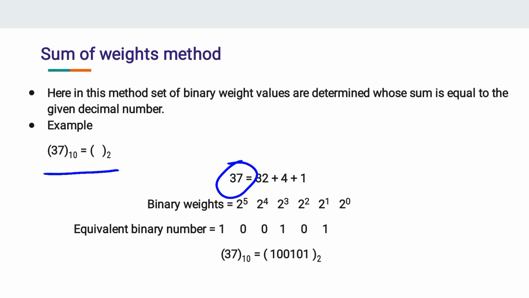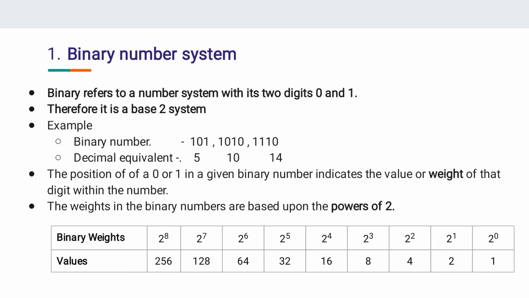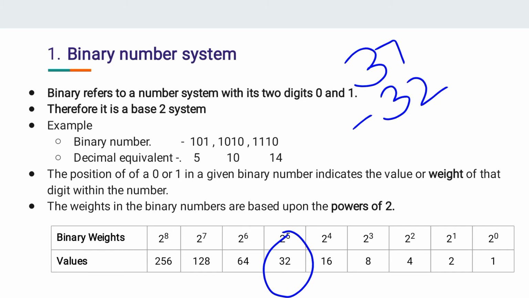So 37 is divided into 32 plus 4 plus 1. Clear? How do we take this? We start with the highest value that is near to 37, which is 32, right? Then 37 minus 32 we get 5.